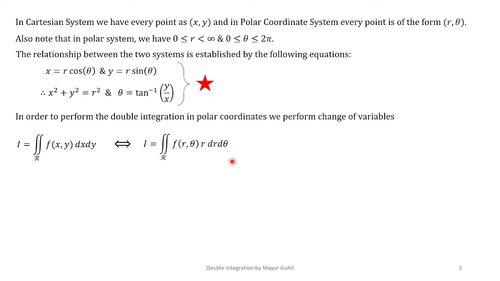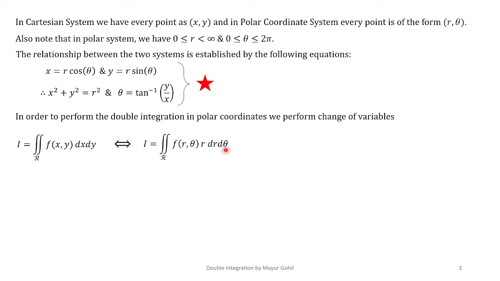Now observe the changes that are happening. The function has got converted from f of x comma y to f of r comma theta. Now there is one more term r over here. Now dx dy has gone to dr d theta.